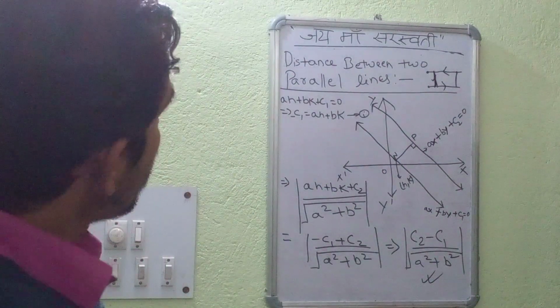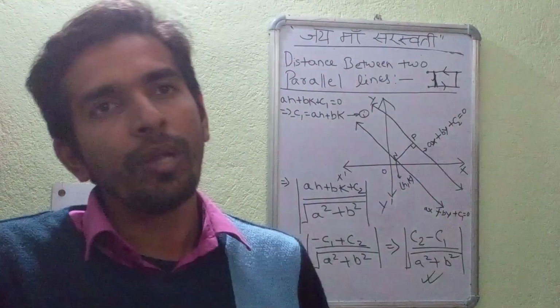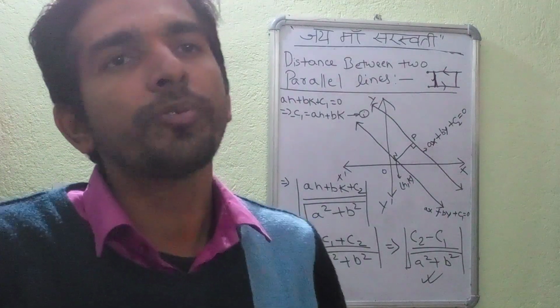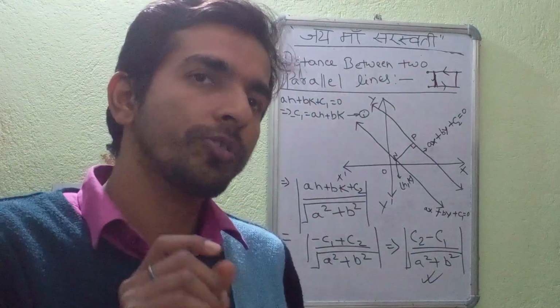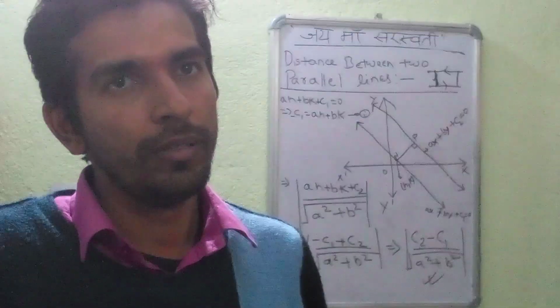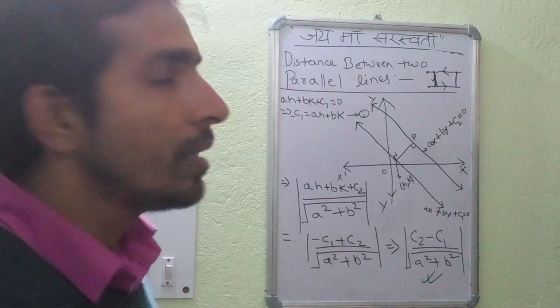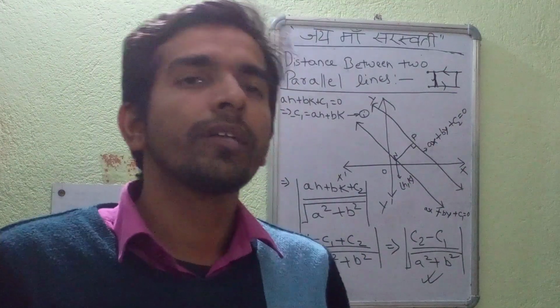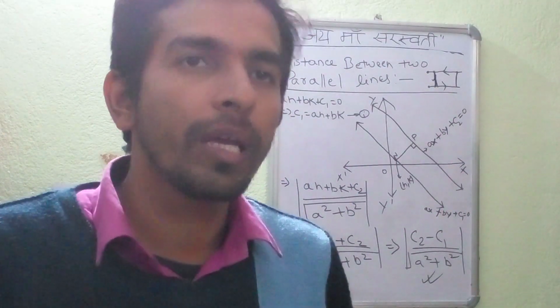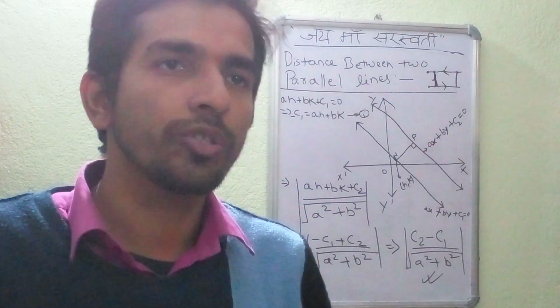Okay, first and foremost, whenever we are talking about the slopes of parallel lines, the slopes will be equal. It is universal that the slopes of parallel lines will be equal in each and every aspect.